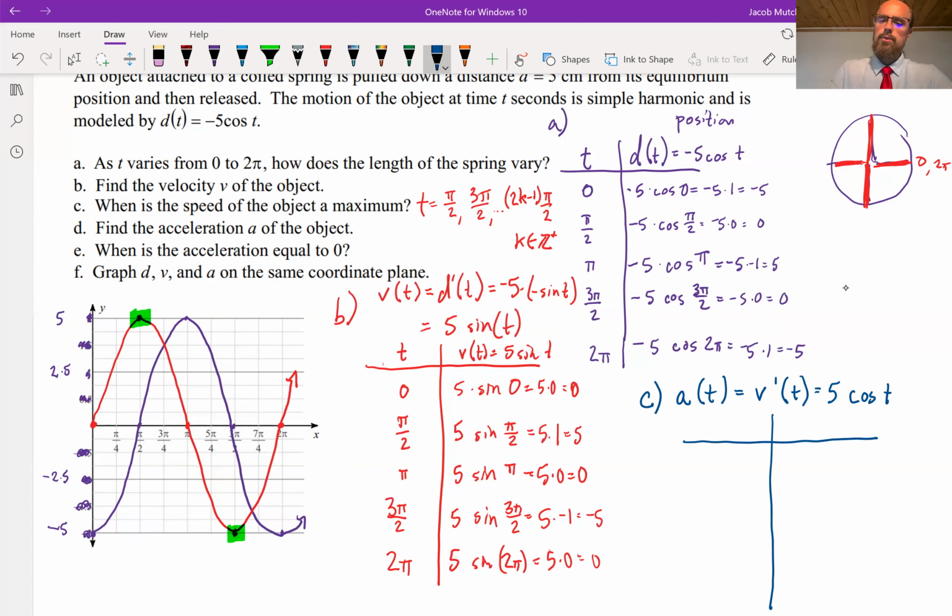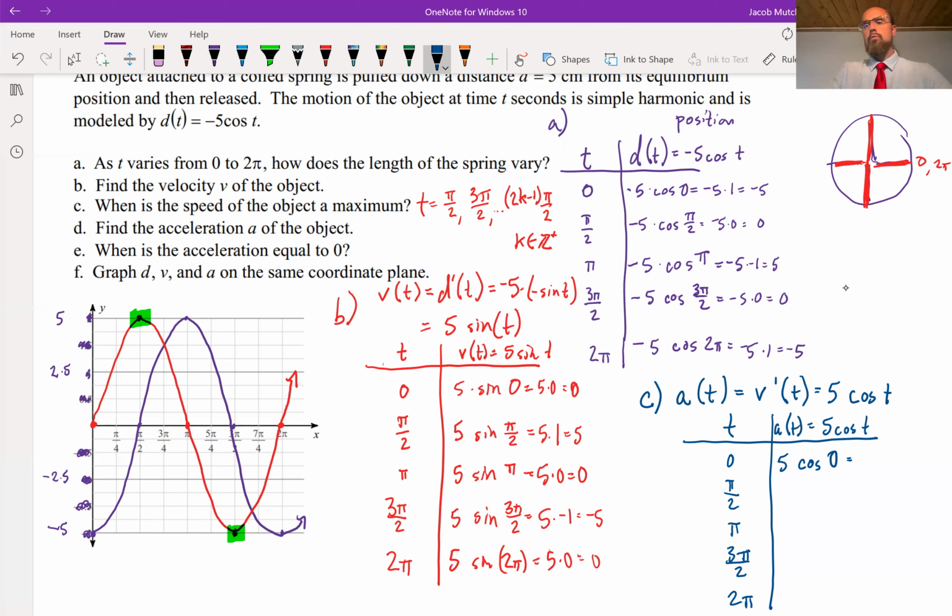So here I'll put time, same domain, 0, pi over 2, pi, 3 pi over 2, 2 pi. And I'll put the function, so acceleration over time is going to be 5 cosine of t. And we just want to calculate, again, when the acceleration is 0. Plug in 0, so 5 times cosine of 0.